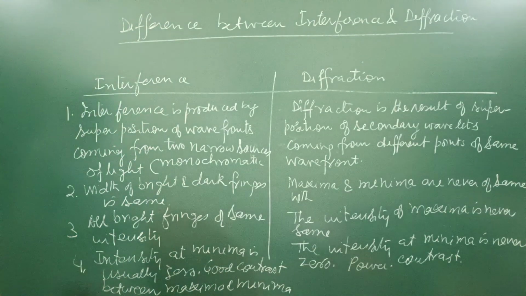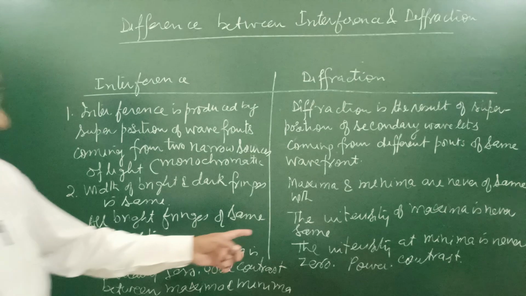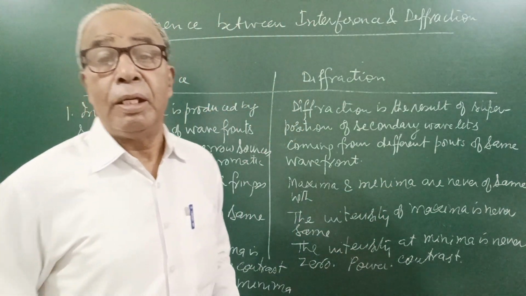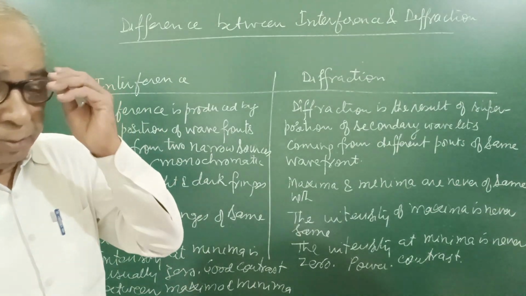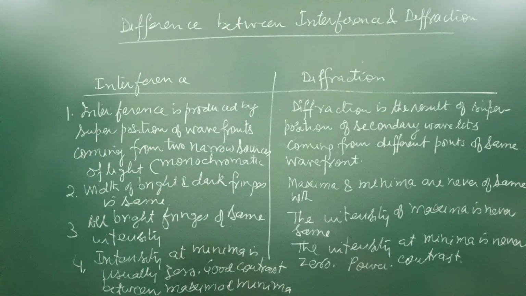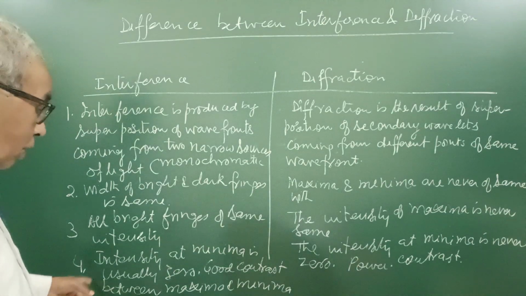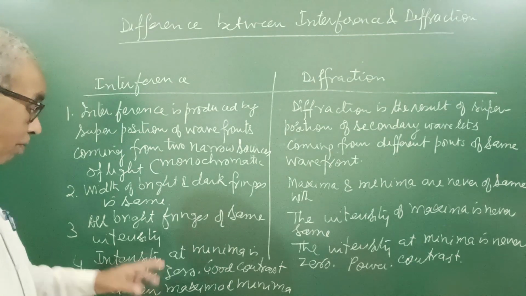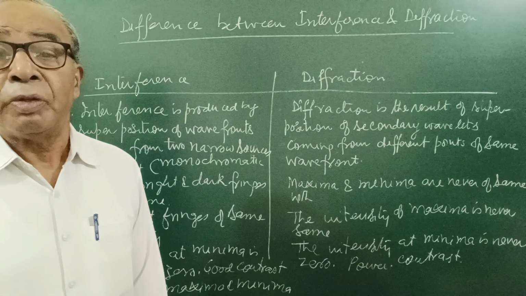In interference, all bright fringes are of the same intensity. In diffraction, the intensity of maxima is never the same; it keeps on decreasing, and there is a large difference between maxima intensities. The intensity at minima is usually zero in interference, and there is good contrast between maximum and minimum.